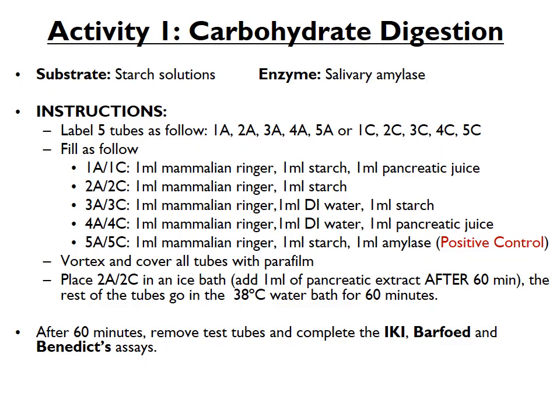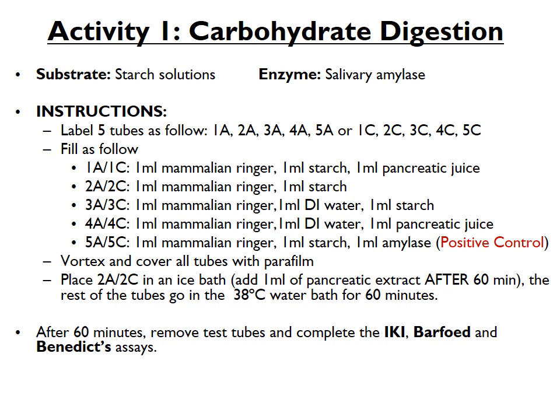All right, so we already mentioned this in the video, and you're supposed to have 5 tubes, and add each of these reagents to each of the tubes. At the end of adding the mammalian Ringer's, the distilled water, the starch, and the pancreatic juice, you're supposed to rotate and cover them with paraffin.